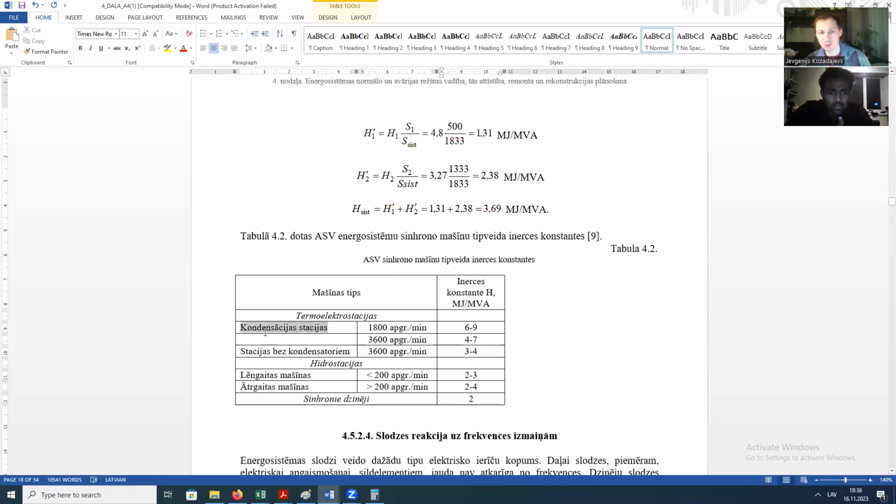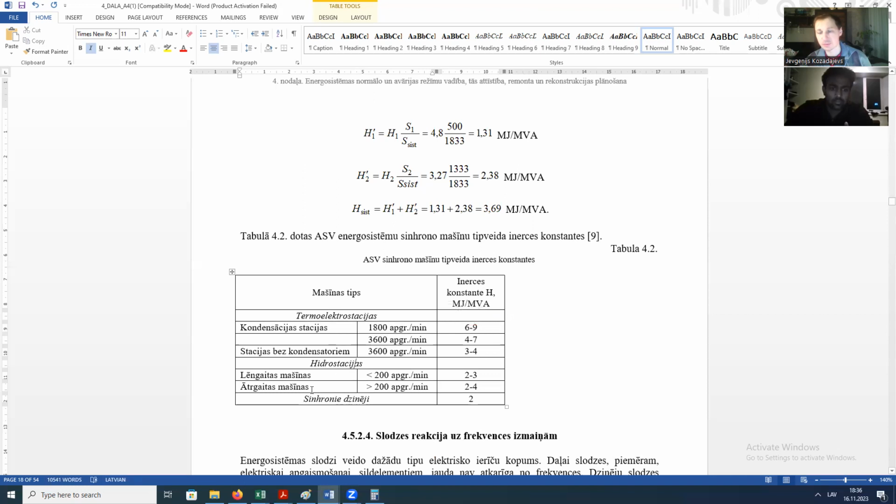If we use steam generators for condensing CHPPs, if its rotation frequency is about 1800 rounds per minute, its inertia could be this. If the rotating speed is twice bigger, the inertia could be this one.